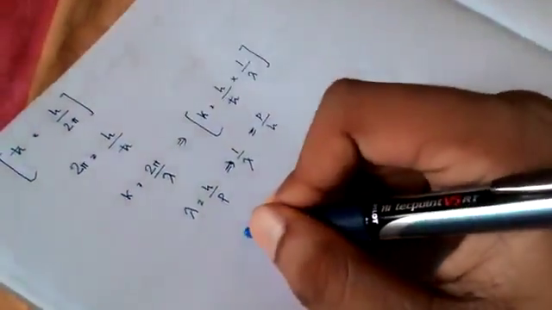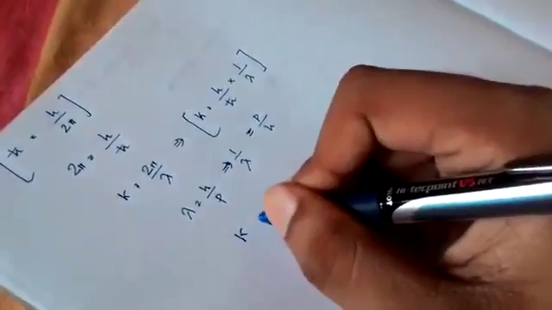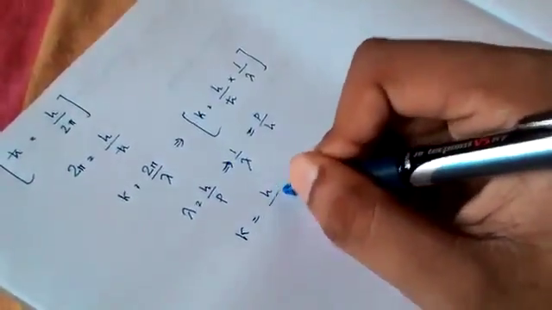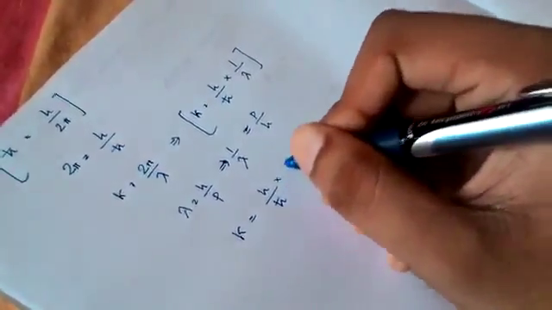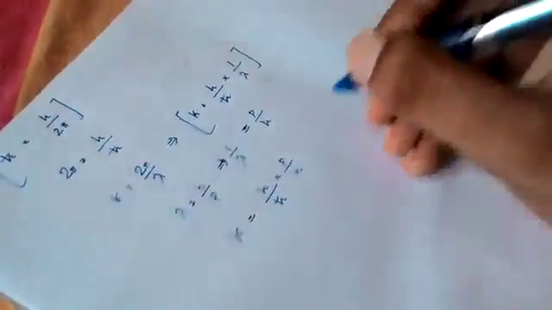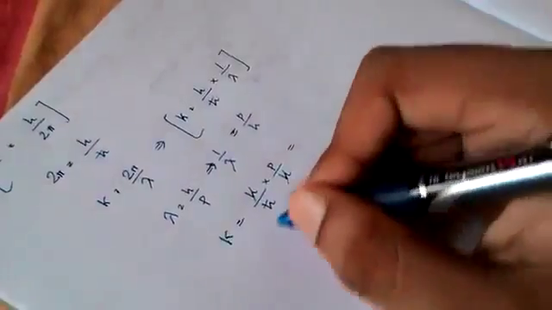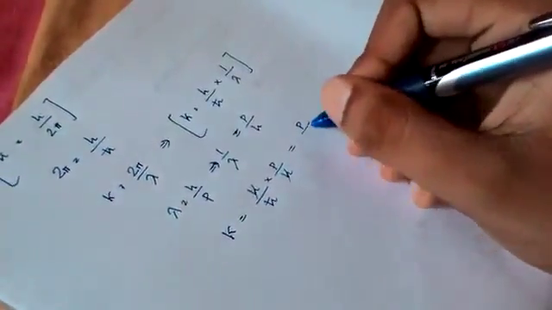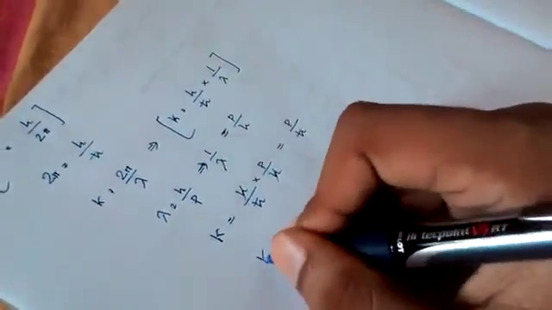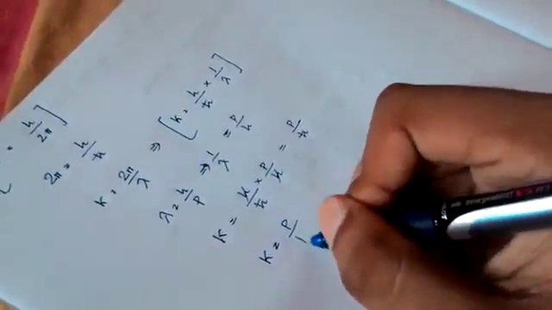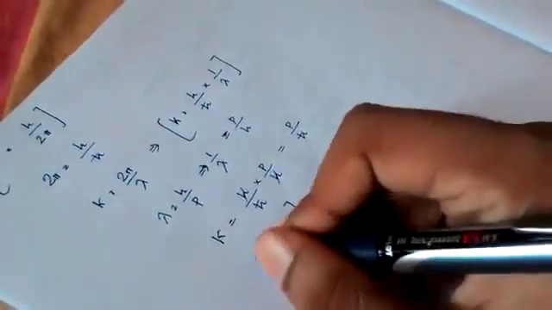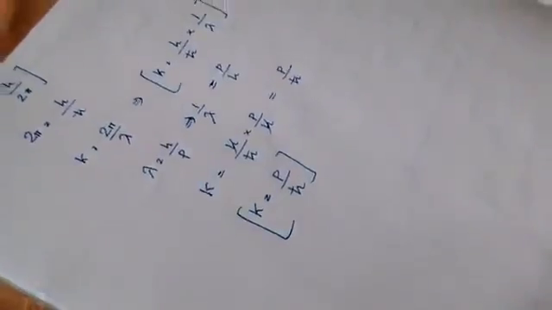So we can write k equal to h by h bar into p by h. Solving, the h and h get cancelled, so k equals p by h bar.